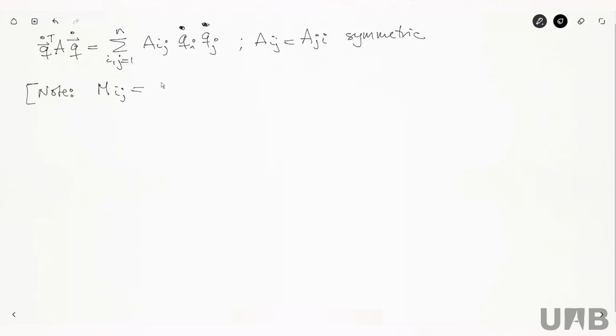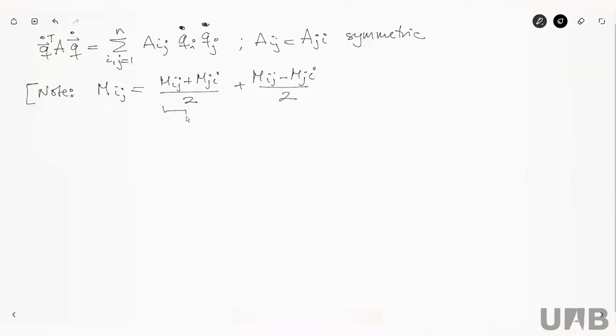I can always write (M_ij plus M_ji) divided by 2 plus (M_ij minus M_ji) divided by 2. This is obviously true because the M_ji terms cancel each other, and 1/2 and 1/2 gives me 1.